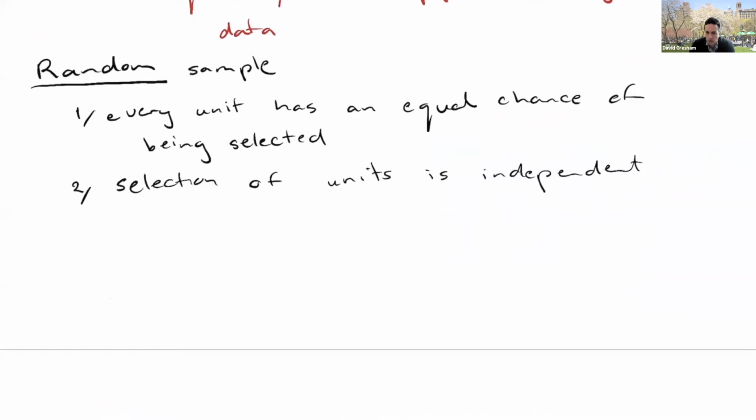Who thinks we've taken a good sample? Okay, can we do a thumbs up if it's a good sample? Thumbs down if there's some problems with this sample? I see some thumbs down.